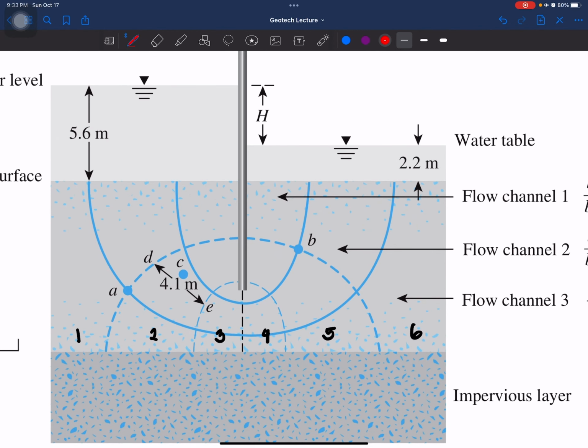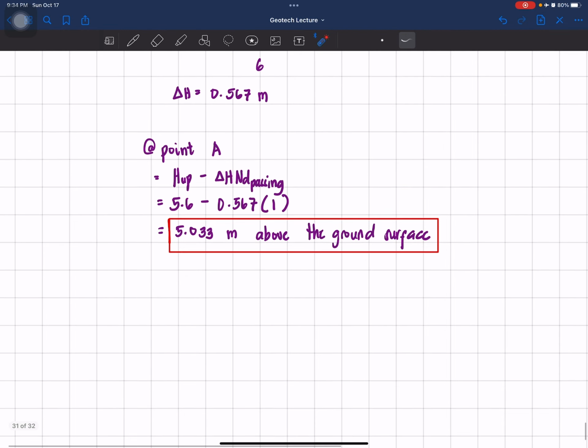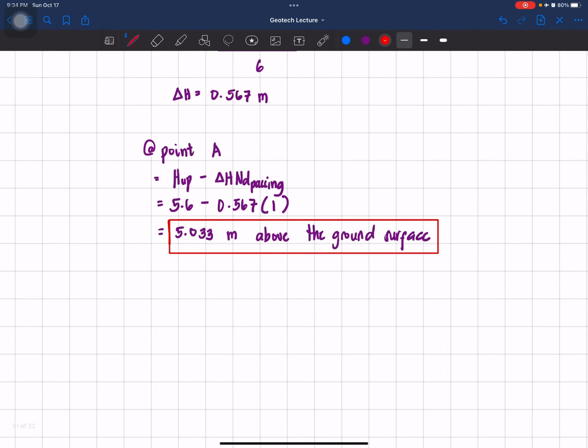This is your point B. Let's count the areas it can pass through: this is 1, 2, 3, 4, and then we have 5, because in this area is our point B. So it's here. Now, let's proceed with calculating the elevation of the water at that point.